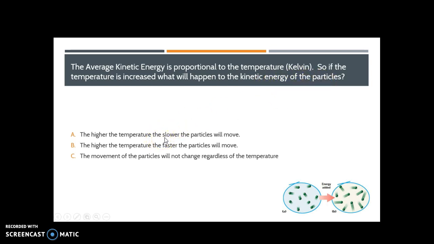Will it cause the particles to move slower, faster, or keep the same? If the energy and the temperature are related and you increase the temperature, what will happen to that energy? That is the question you're answering for this case, choosing between slower, faster, and the same. Higher temperature means what about the movement?